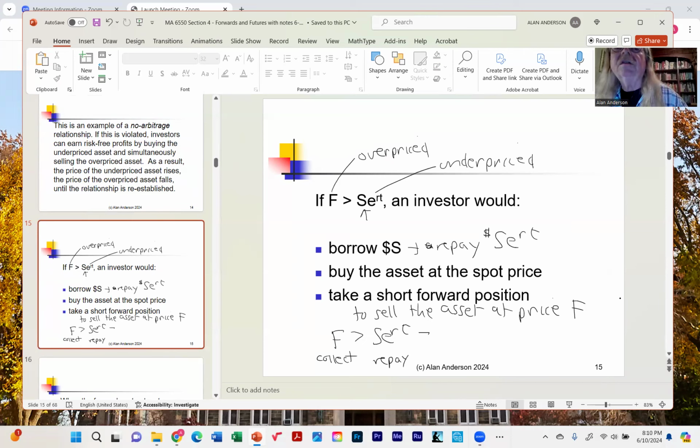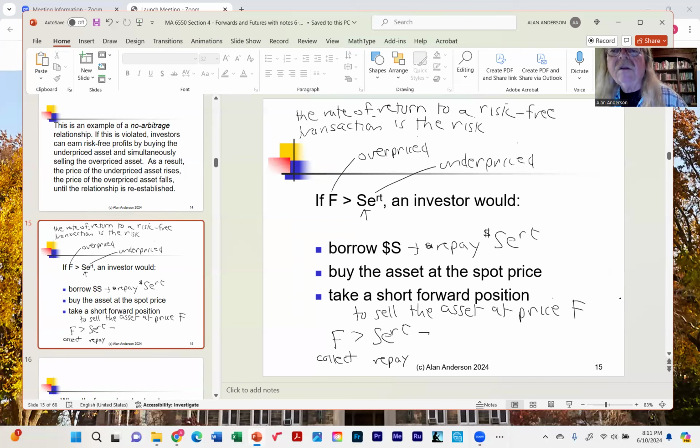Just in the most general possible terms, the rate of return to a risk-free transaction is the risk-free rate of interest. What would happen if not?